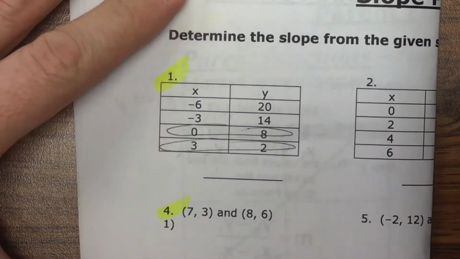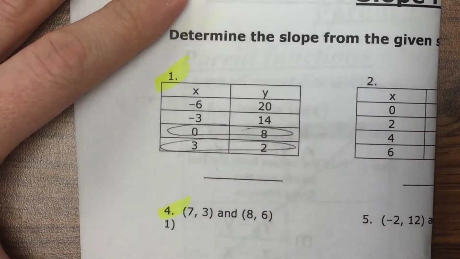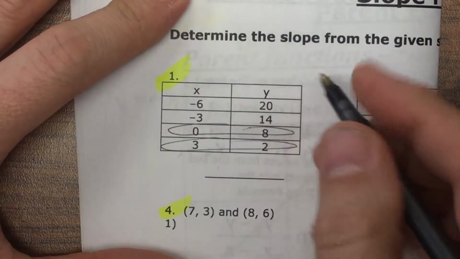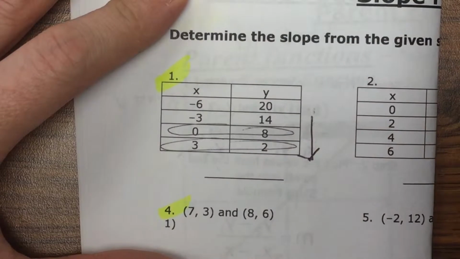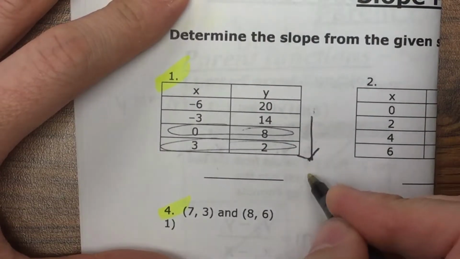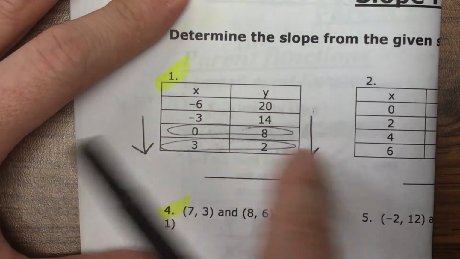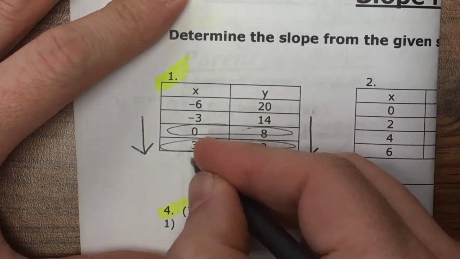Okay, so I have 0, 8, and 3, 2. Let's do this just right in the table. I'm deciding I'm going to subtract downwards. And that's okay. I can do upwards or downwards as long as I do the same direction with both sides. So my y's, I have 8 minus 2.